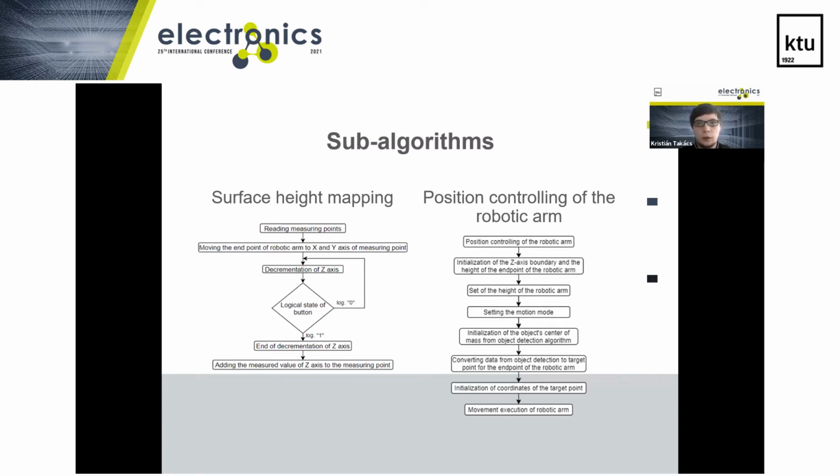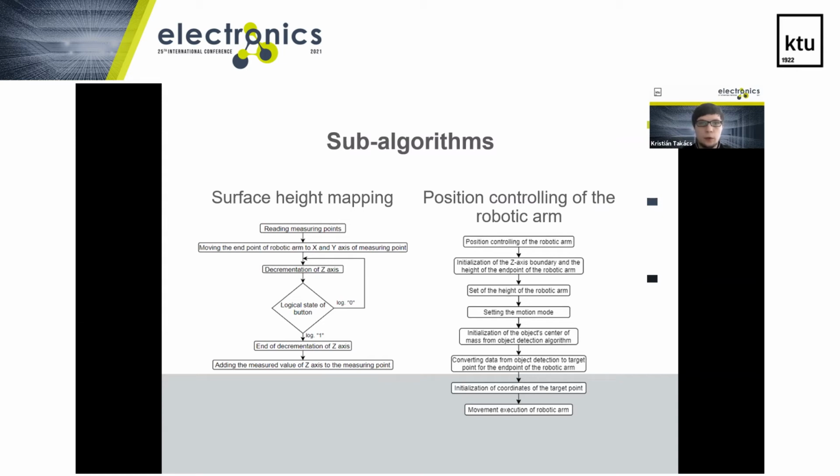In the selected measuring key points of the workplace, the robotic arm decreases its height coordinate until the button touches the surface of the work area and changes its logical state.